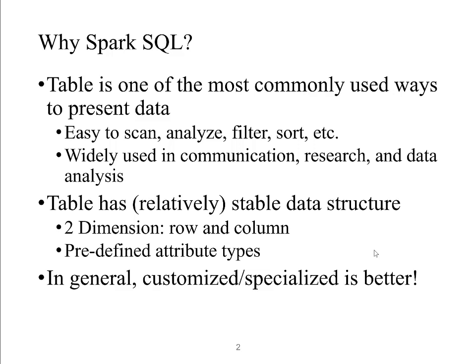Tuple is the more general concept here. Each column represents an attribute. Then the cross of row and column would be a specific attribute regarding a specific tuple.